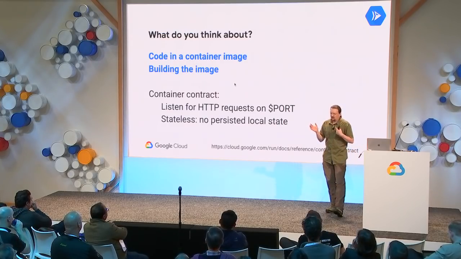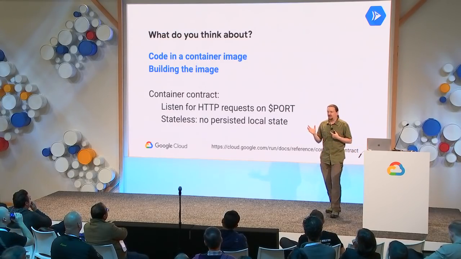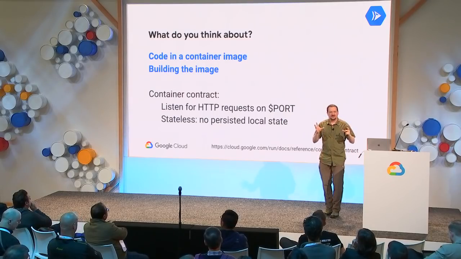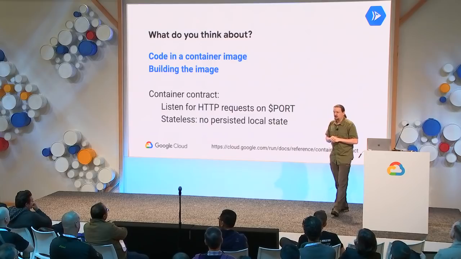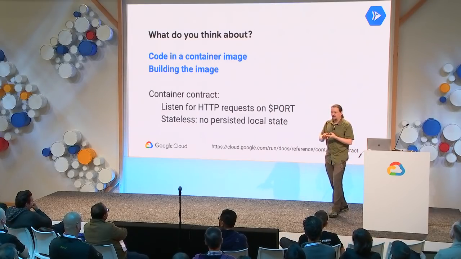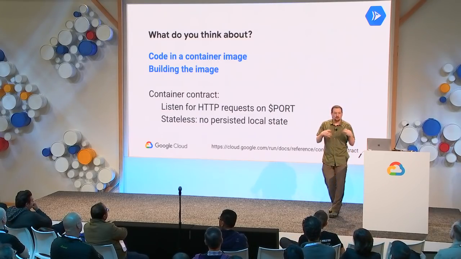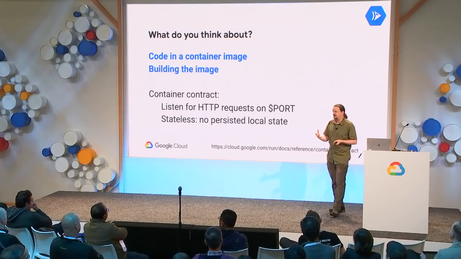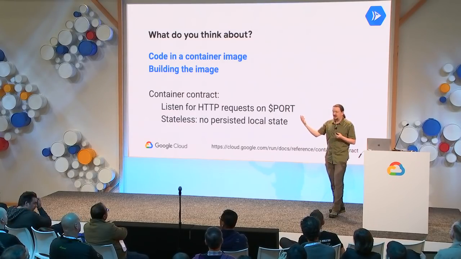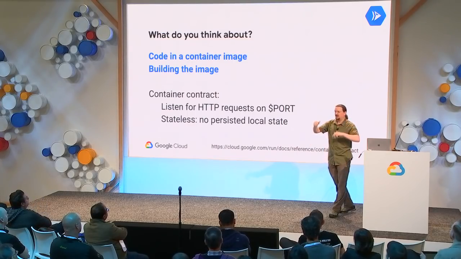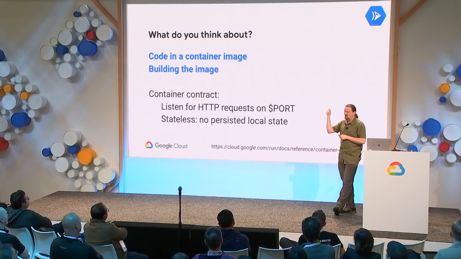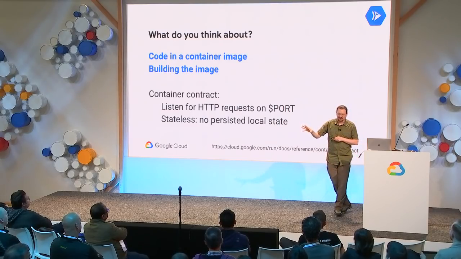So when you're using Cloud Run, you're thinking about building the container environment for the processes you have. So you can run any language you like. Anything that will run on Linux in a Docker container, that understands how to do HTTP. So you look for the environment variable port, you open a listening socket on that port, and you're good to go.